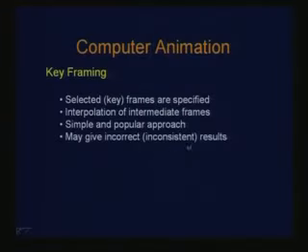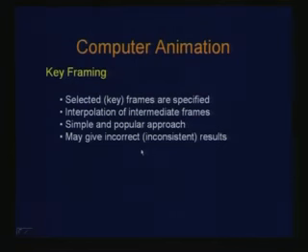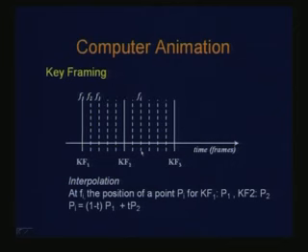Okay. So, most of the animation software have keyframing. Now, one of the limitations which we may observe later is that it can cause inconsistency in the result, right, or can give you incorrect results. Okay. So, let us see what we mean by this.